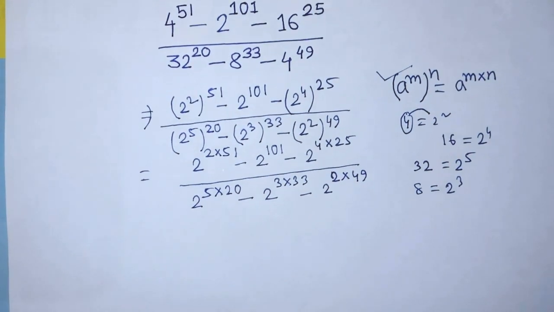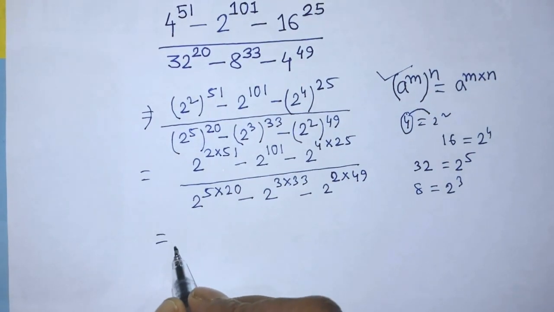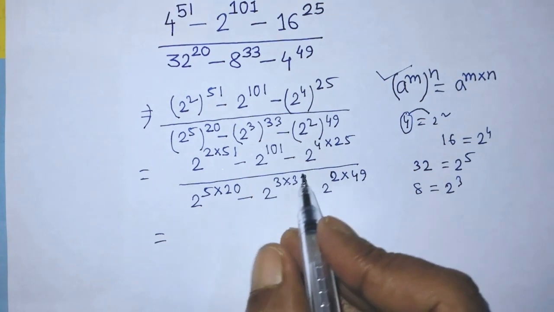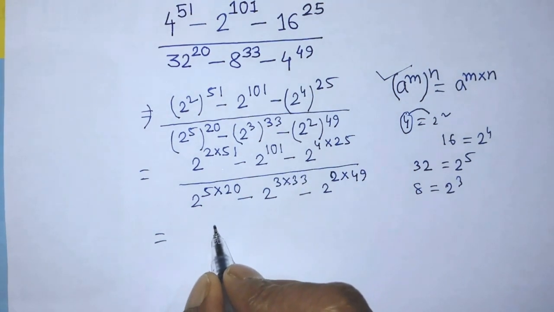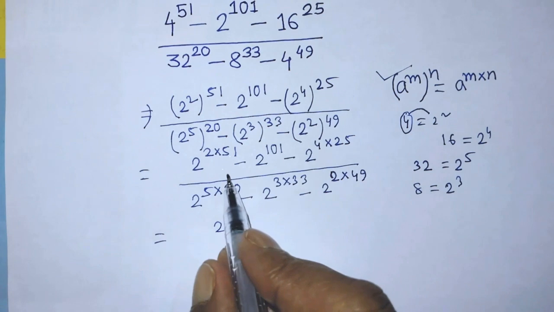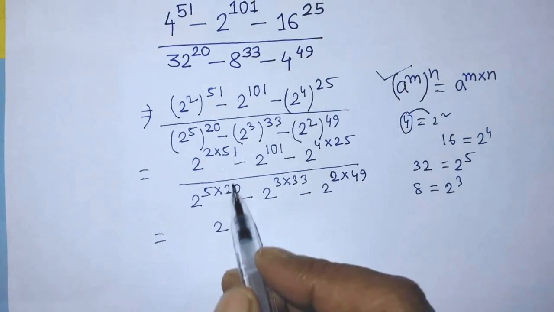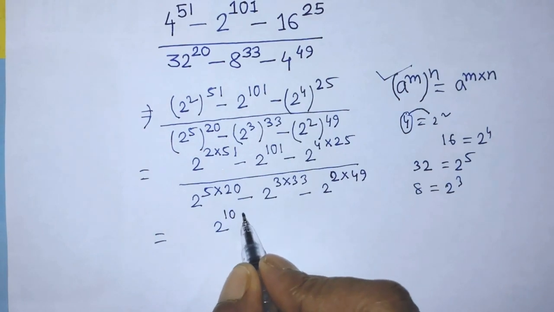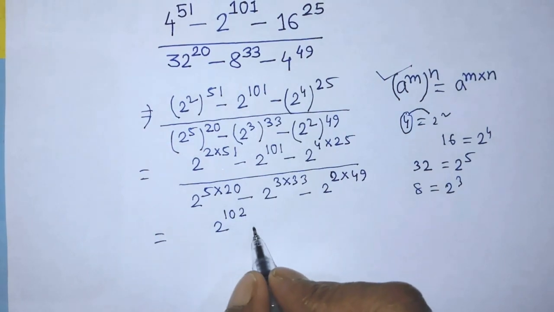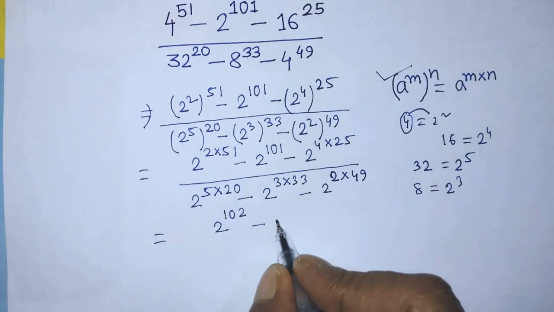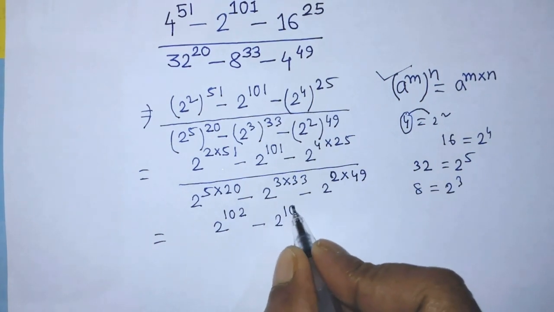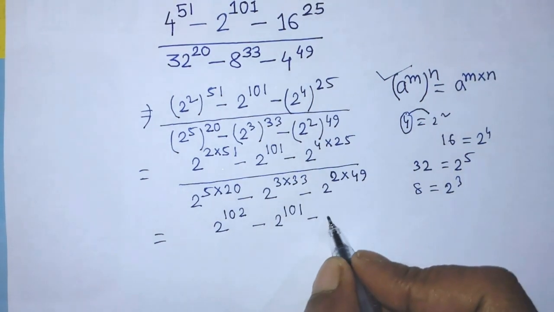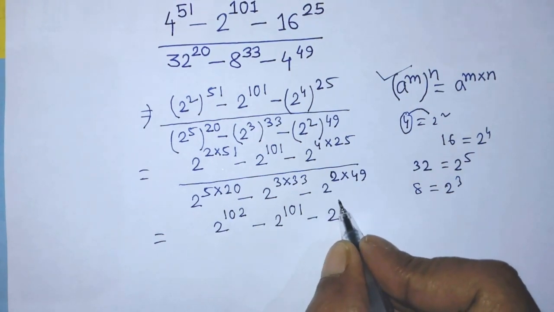So students, after that we can write in the place of the numerator 2 to the power. If you multiply 2 with 51 then you get 102 minus 2 to the power 101 minus, in the place of the third term, 2 to the power 100.